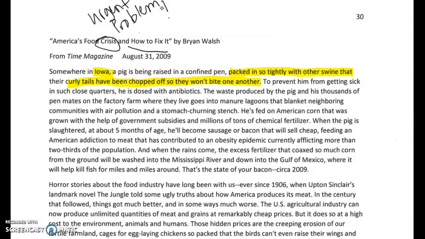Okay. To prevent him from getting sick in such close quarters, he is dosed with antibiotics. Okay, so now we're thinking about medicine in pigs equals medicine in your food.